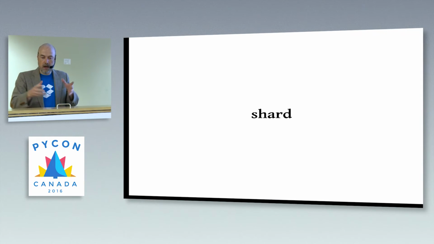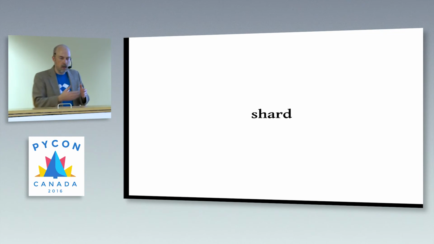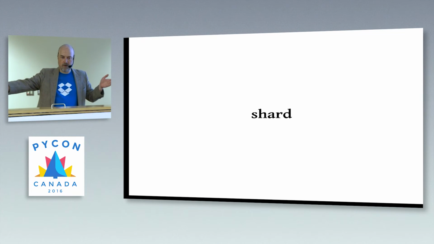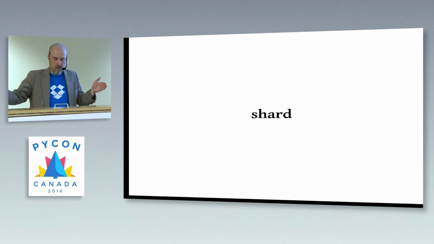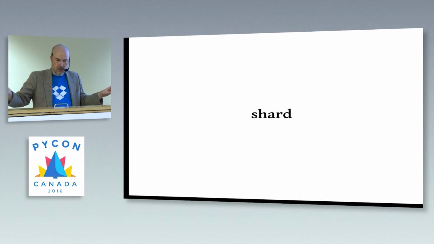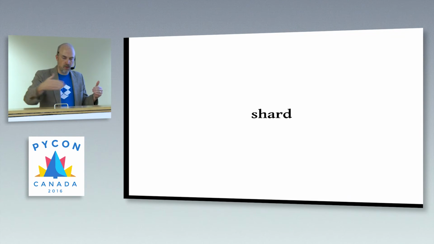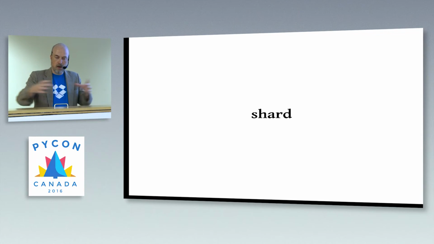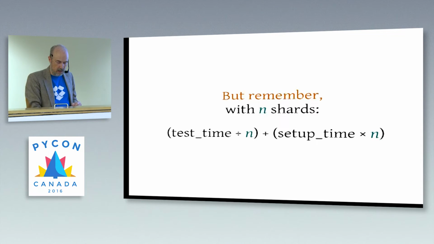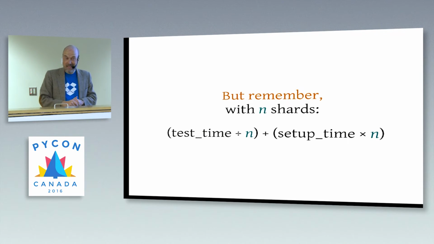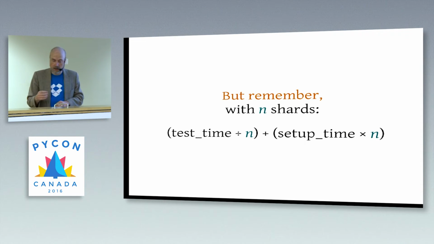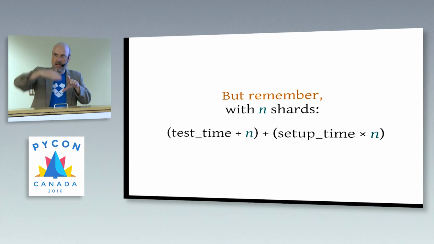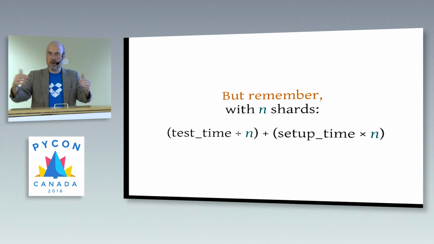You'll want to spin up, when someone is ready with a diff, 10 or 20 or whatever containers on different machines to start running, each of them, their share of your total test suite to get it done in less time. Remember that it does have diminishing returns because each shard, no matter how many you have, they each need to do their own setup steps to be ready to go.